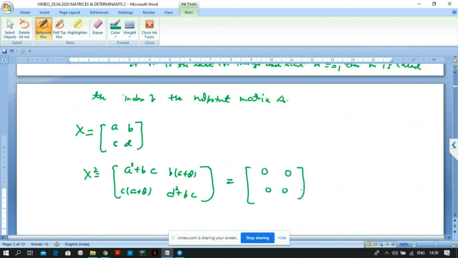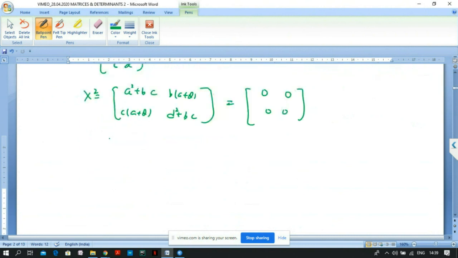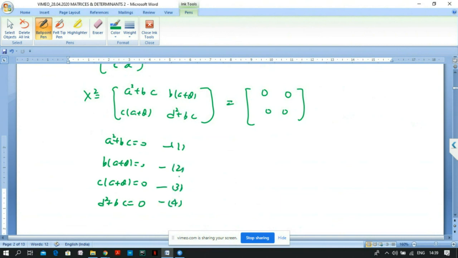So everything is nil. So you get a square plus bc is 0. b times a plus d is 0. c times a plus d is 0. And d square plus bc equal 0. Again, let's number them. There are 4 equations, 1, 2, 3, and 4. And we want to find all quadruples a, b, c, d that will constitute a solution of this set of equations.